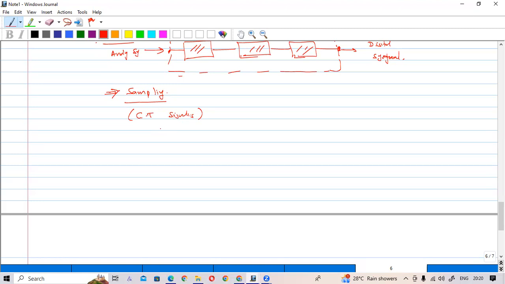What is a continuous time signal? There are infinite number of time values. So if you have a continuous time signal, the signal will be like this. This is a continuous time signal.